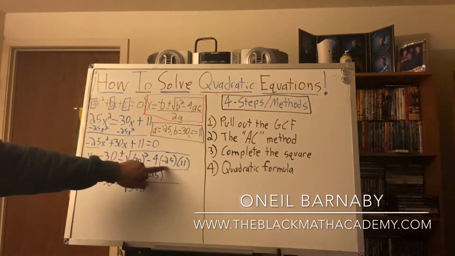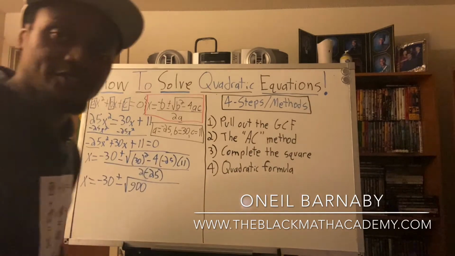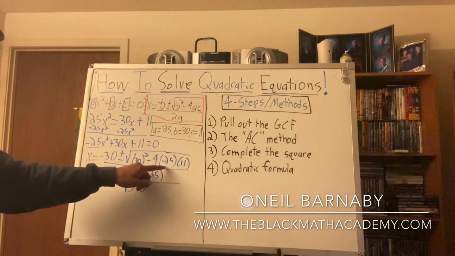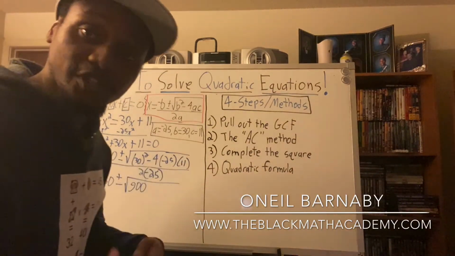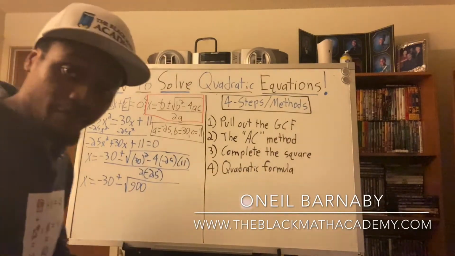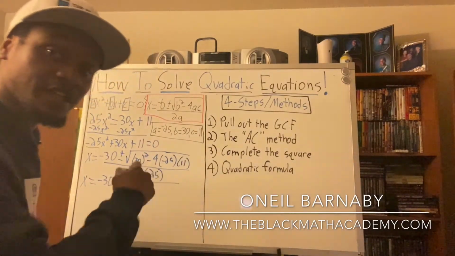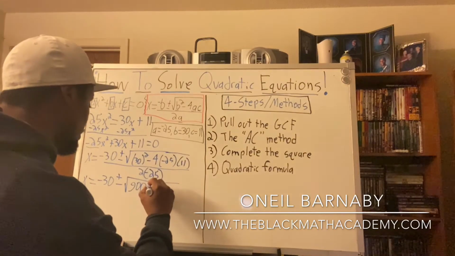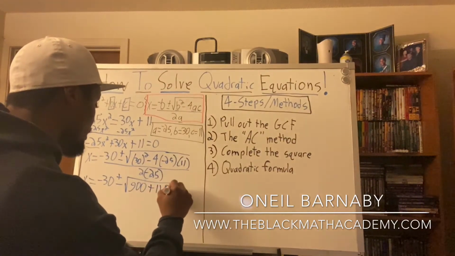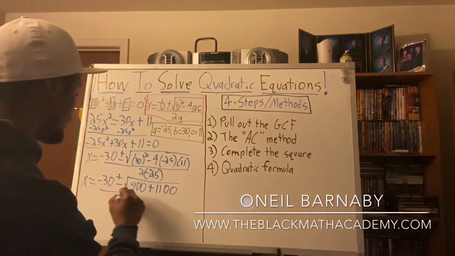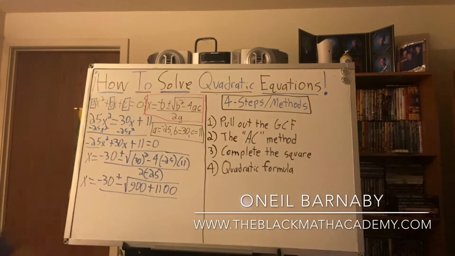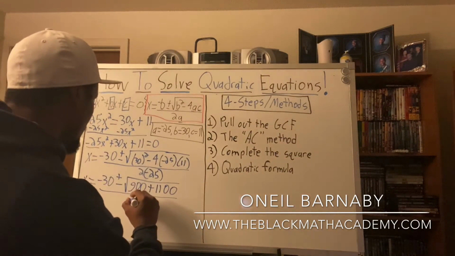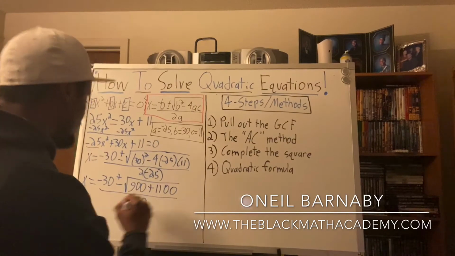Negative 4 times negative 25 is 100. 100 times 11 is 1100. So 1100 is a positive number, so we're going to be adding it inside the radical, all over 2 times negative 25, which is negative 50.